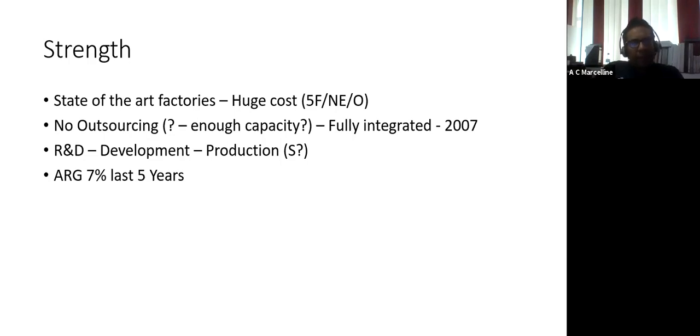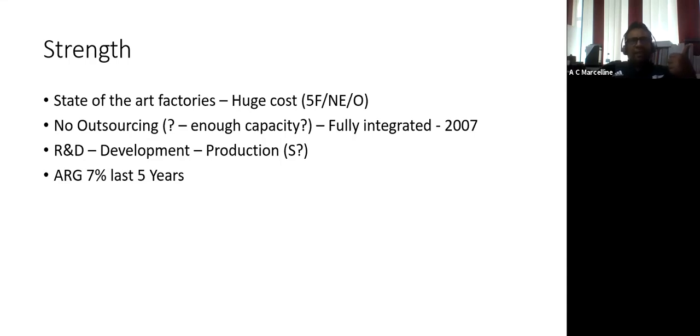The CEO is very happy that they are a fully integrated organization since 2007. There is no outsourcing. Pretty good. That gives me a few questions in my mind. When you say you're not outsourcing, that means, number one, you're expert in what you're doing. There's no second question, because the case proves that.